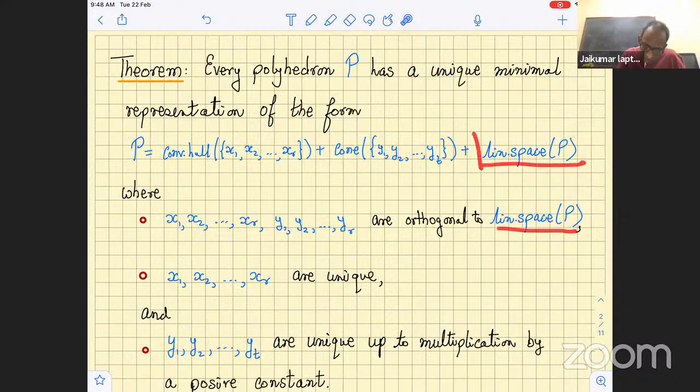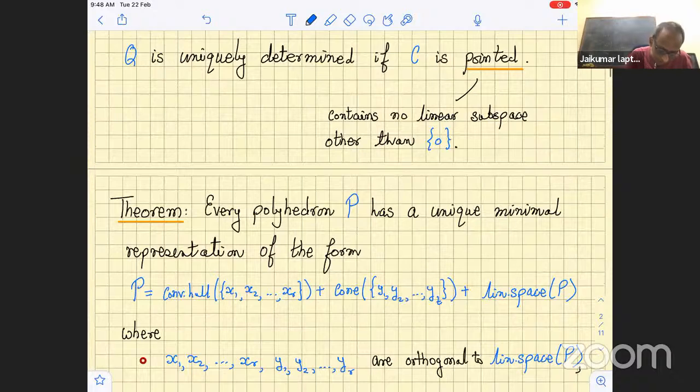Now you have this linear space. Look at the orthogonal space to this linear space, and in that, look for the convex hull and the cone there. Let me draw a little bit. I'll not be able to draw very well. So this is your linear space, and then this is the orthogonal direction.